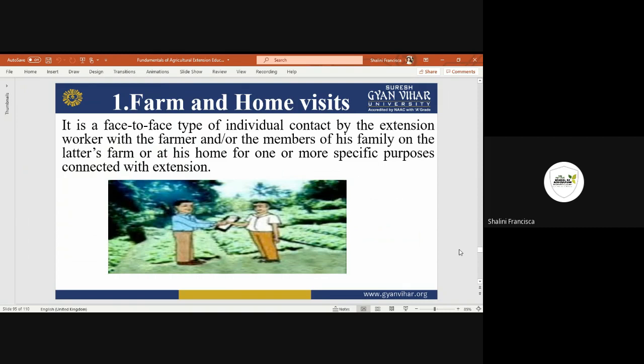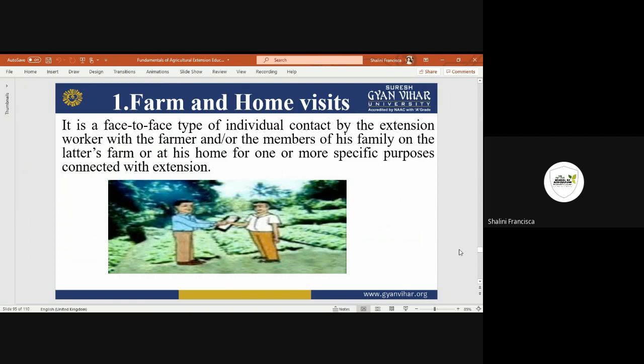So the individual contact methods are divided into many forms, but we will talk about the most used forms that an extension worker uses while communicating to the farmers.